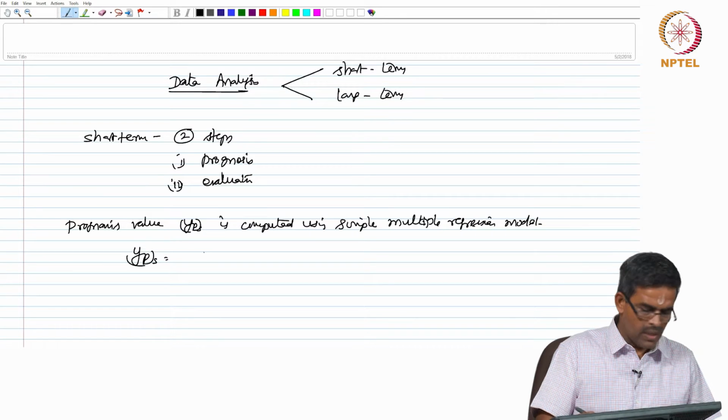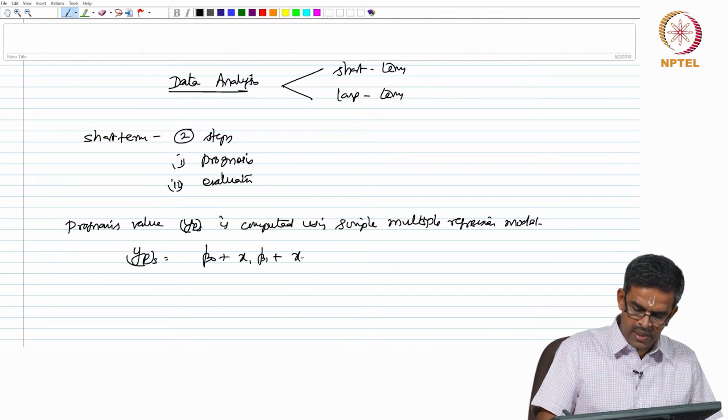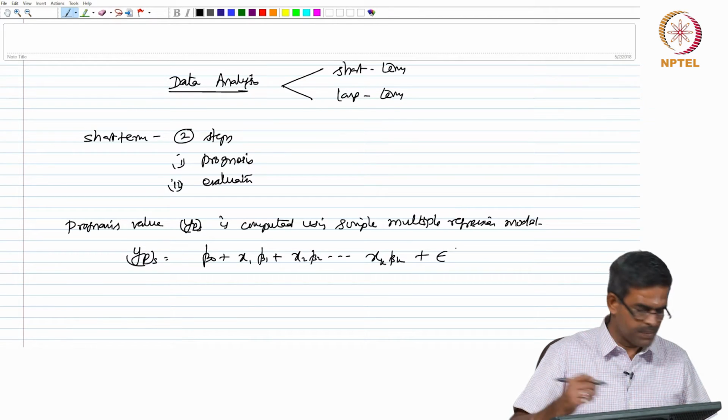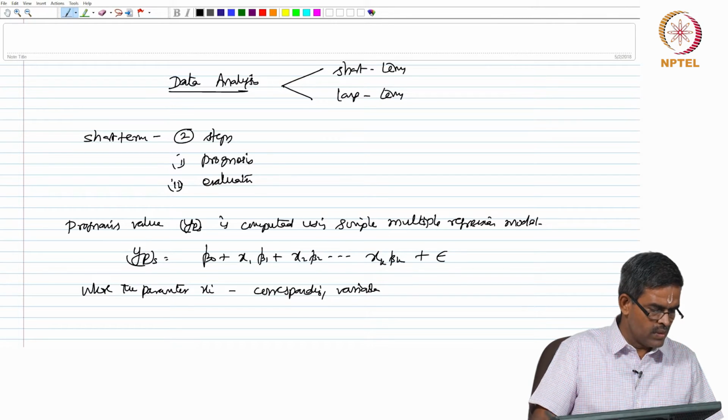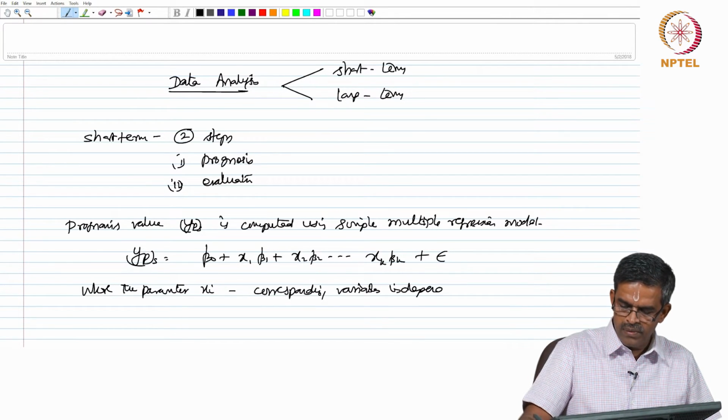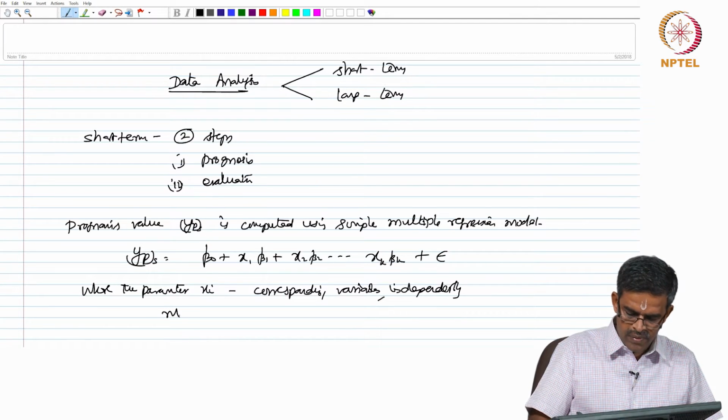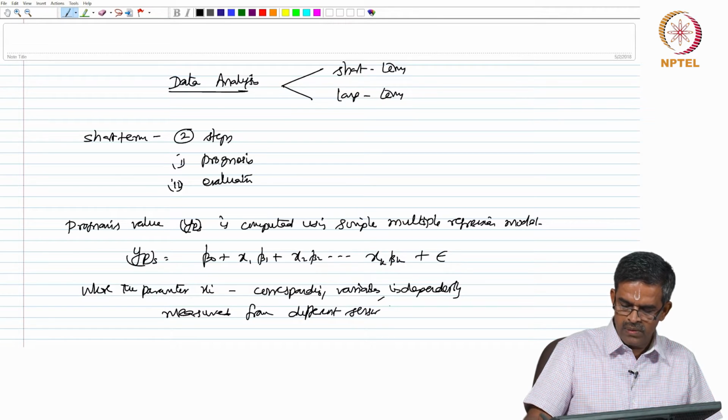YPS can be calculated as beta 0 plus x 1 beta 1 plus x 2 beta 2 up to x k beta k plus epsilon, where the parameters x i are the corresponding variables independently measured from different sensor locations.